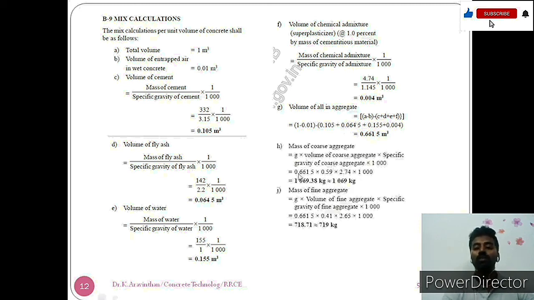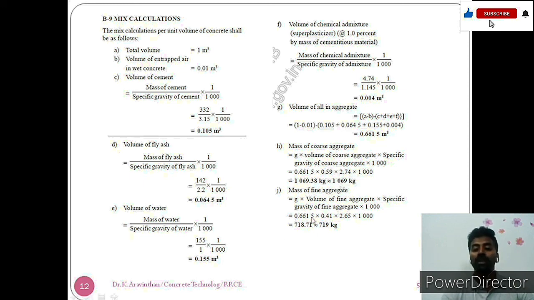So the value 0.6615 is the total. You need 0.59 of coarse aggregate. That is why you are multiplying 0.59, which we have discussed in the previous slide, into 2.74 is the specific gravity into 1000. So you will be getting 1069 kg of coarse aggregate.